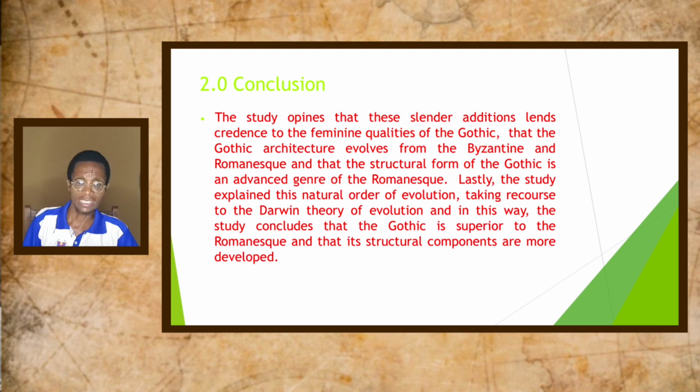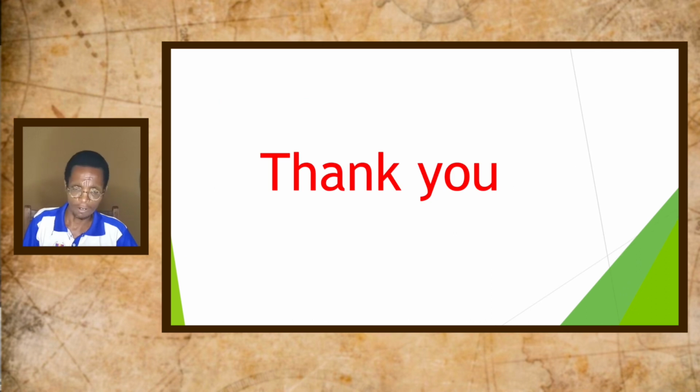Lastly, the study explained this natural order of evolution, taking recourse to Darwin's theory of evolution, and in this way, the study concludes that the Gothic is superior to the Romanesque, and that the structural components are much more developed. Thank you very much for listening.